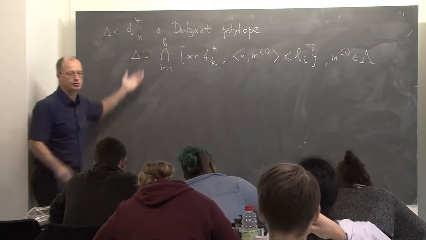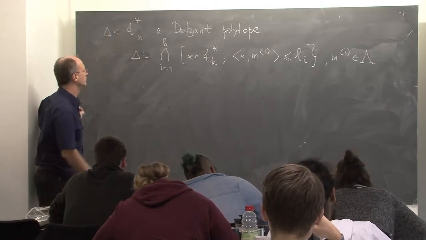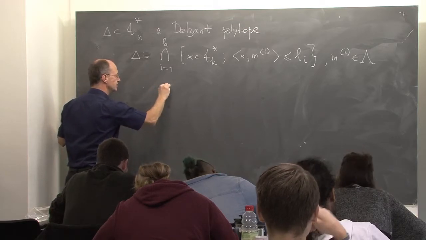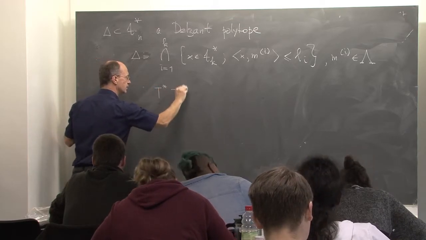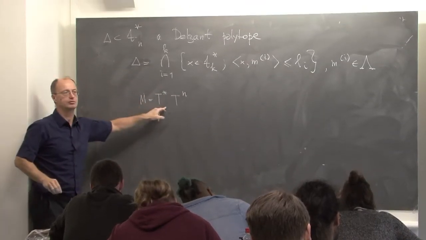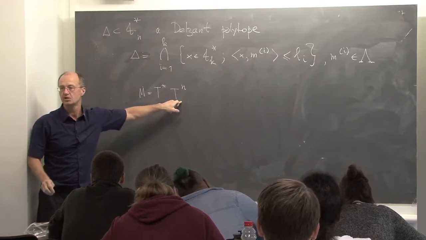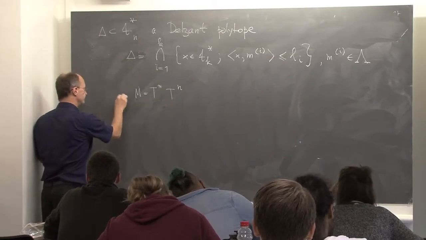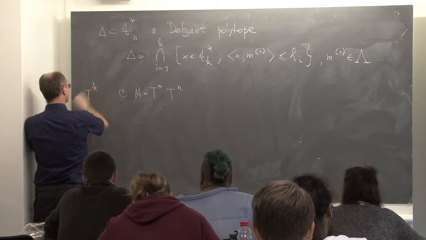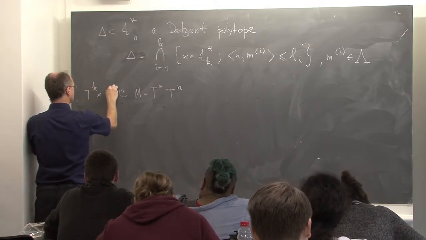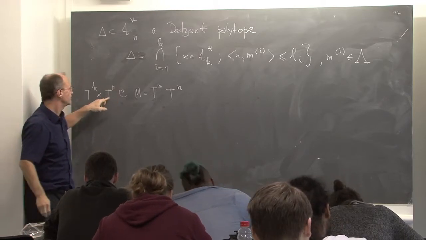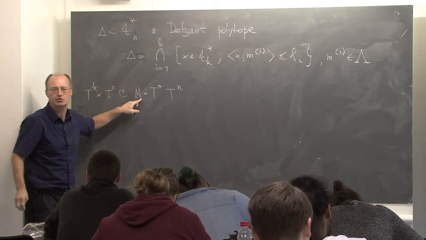Well, now back to geometry, right? So here we dived into combinatorics. Back to geometry. So let's consider our M, the manifold, to be the cotangent bundle of this n-dimensional torus. And we're going to act on it by Tk times Tn. So Tn already acts on it naturally.